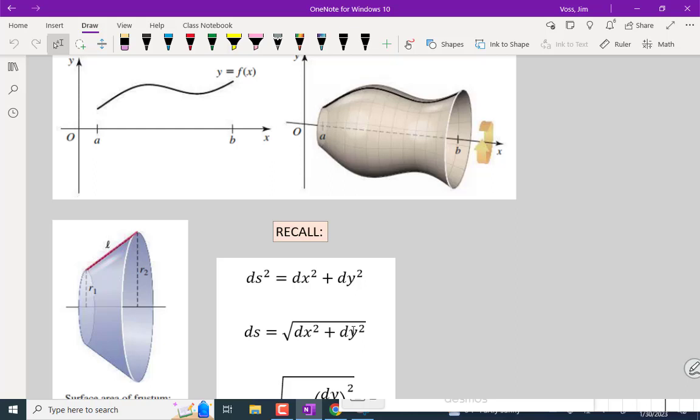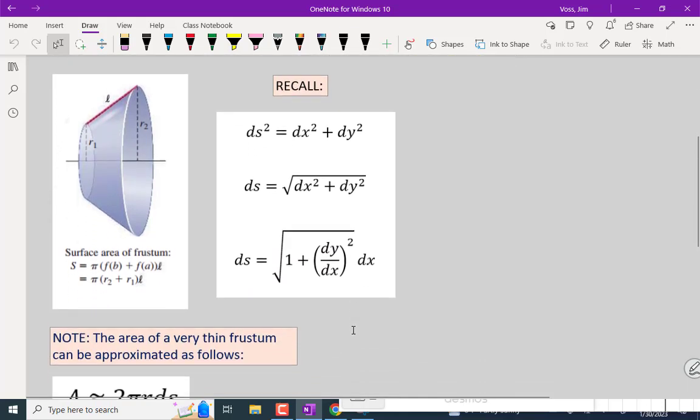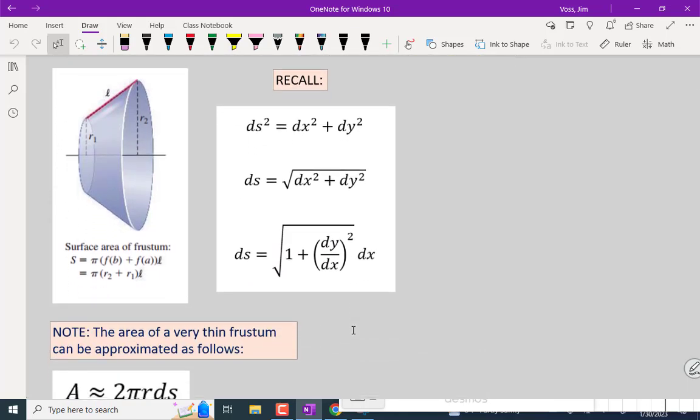And standard Riemann sum stuff. As the number of frustums increases and they get narrower and narrower, the approximation gets better and better. We take the limit of the Riemann sum and we get the exact area. First off, the area of a frustum is pi times the big radius plus the little radius times the slant height.